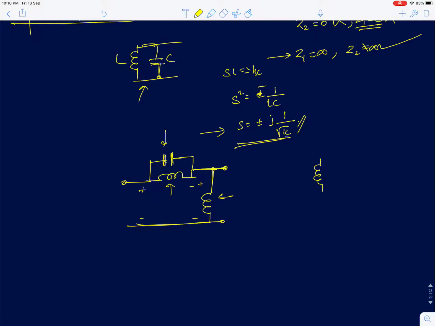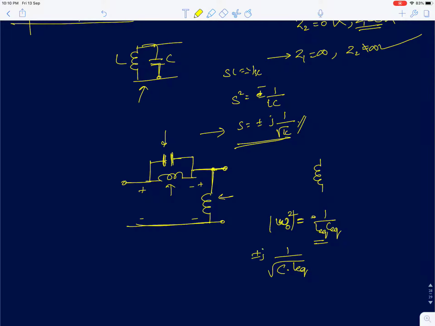Then the square of the complex pole frequency will simply be 1 by L into C equivalent; I'll just write the magnitude. You have to find the equivalent capacitance at that point. If I have a single inductance, then it is L into C equivalent. If I have many inductors and just one capacitance, then C into L equivalent will give me 1 by root, and plus or minus j of that will be the complex poles.